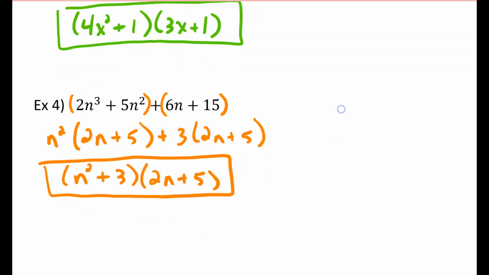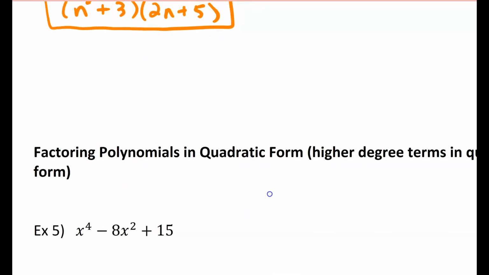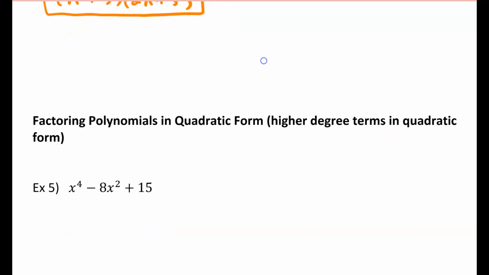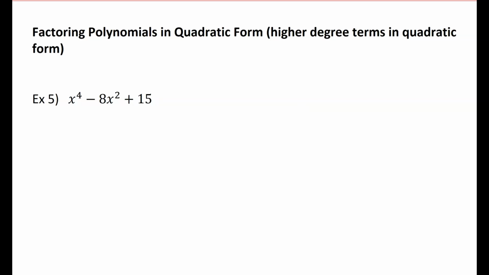All right. Okay, so this next type of factoring is what happens when we have a polynomial that happens to be in quadratic form. Basically meaning the polynomial has higher degrees, but we can use the rules of factoring quadratics to factor the higher degree ones.